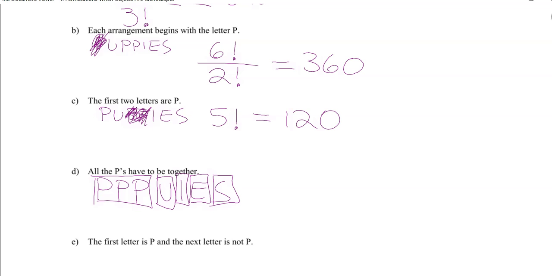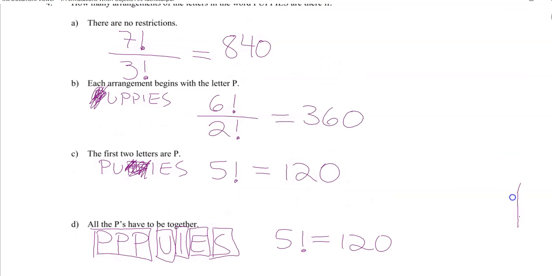So how many tiles do we have? 5. How many ways can we arrange these P's? Just one way, right? You can't tell them apart. I mean, it's 3 factorial ways, but then you divide by 3 factorial, so just one way. So in essence, what have we got? We have 5 objects to arrange. None of them are identical. So just 5 factorial.